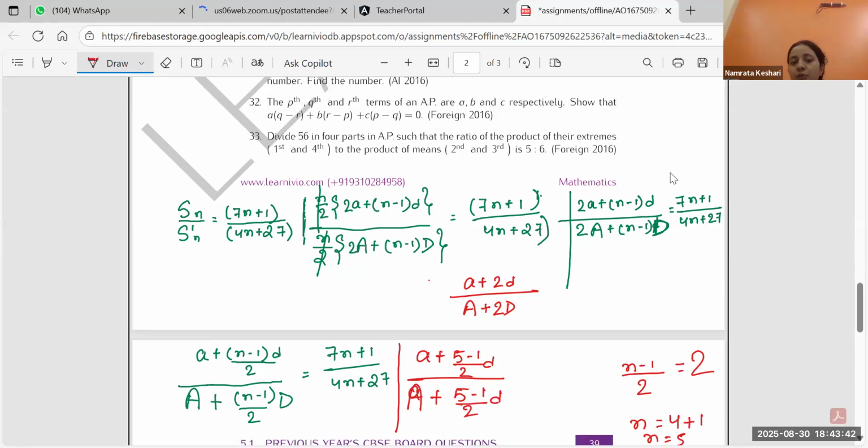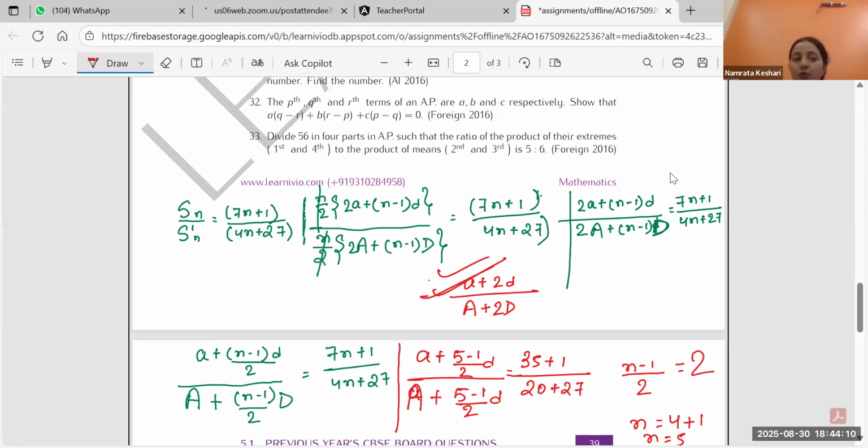Can you see 4 by 2? That means 2d will come just like this, the ratio of third term over there to third term over here. Making sense? Yes, ma'am. And accordingly you will be changing the other side as well. At the place of n, you will be dropping 5: 7 times 5 is 35 plus 1 over 4n plus 27, which will be 4 times 5 is 20 plus 27.